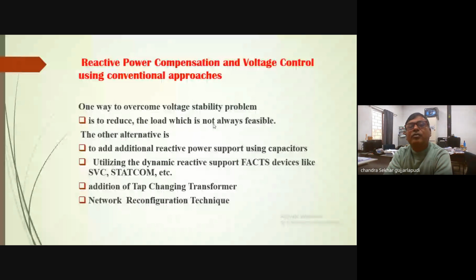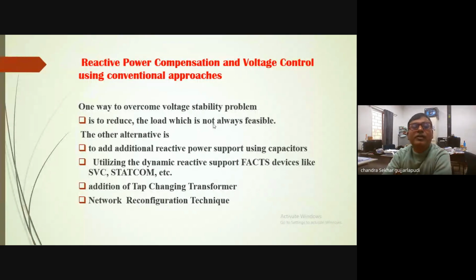And not only loss: if we utilize more than the active and reactive power generated by the generator, there will be active power imbalance as well as reactive power imbalance. If reactive power mismatch is there, then there will be a situation for voltage instability.